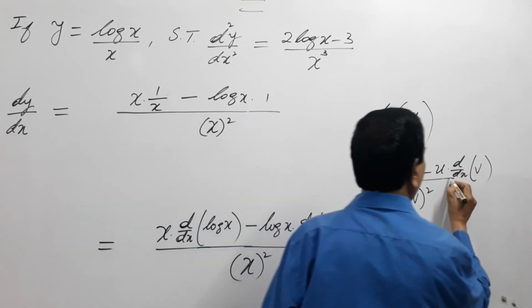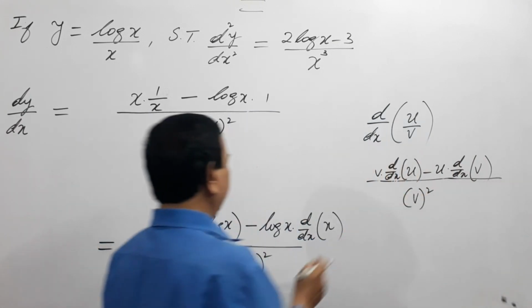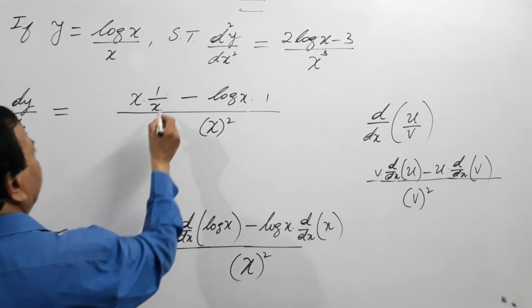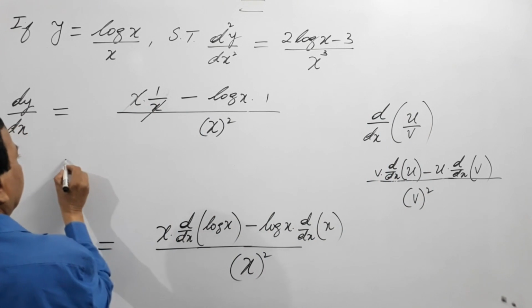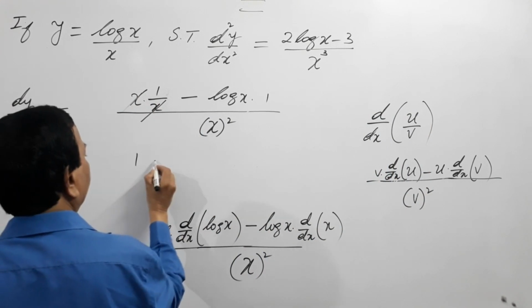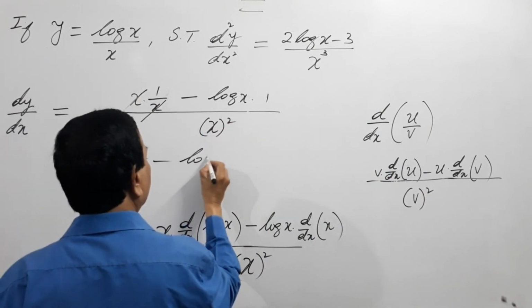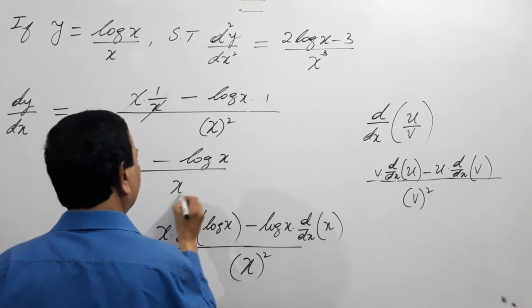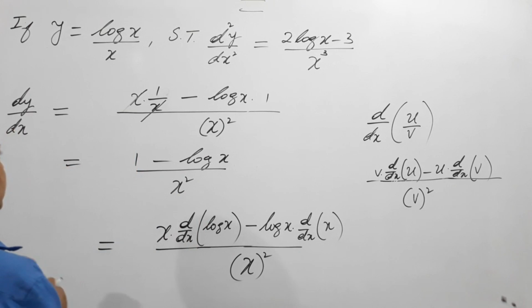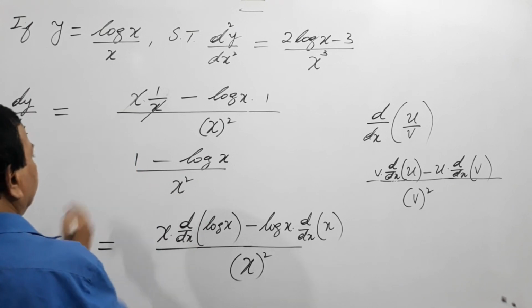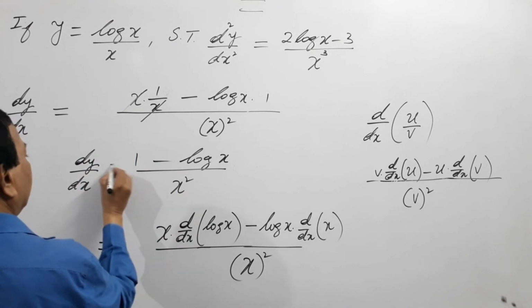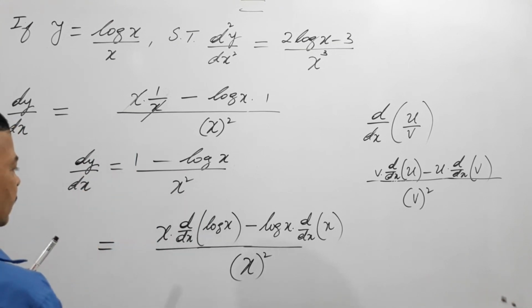This is the formula we have used here. So what happens here? x and x cancel. We are left with 1 minus log x divided by x square. This is our dy by dx.